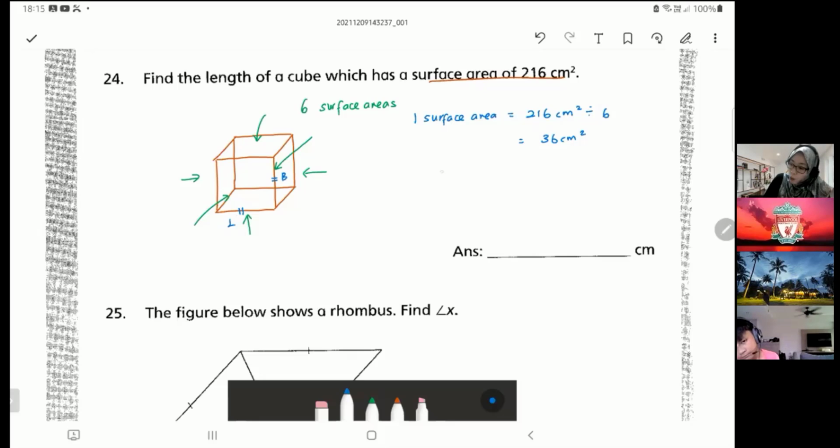So one side of the square, 6 times 6, is 36 cm squared. I must look for the same number times the same number to give me 36, which means each side of the square is 6 centimeters. This is square root actually, the same number times the same number. Next.